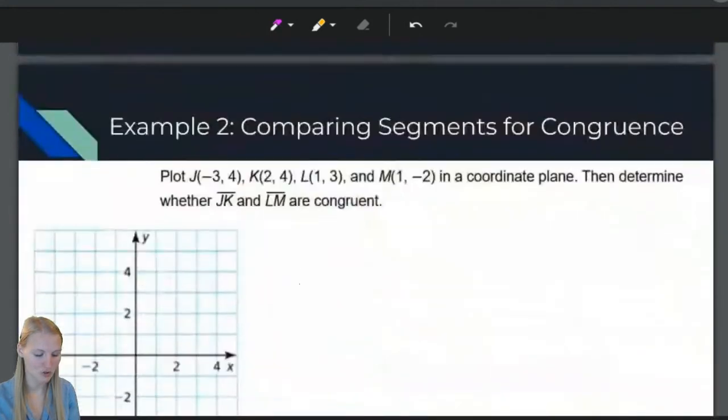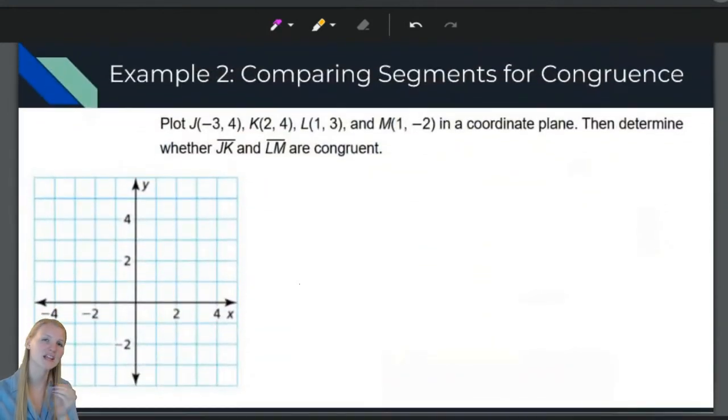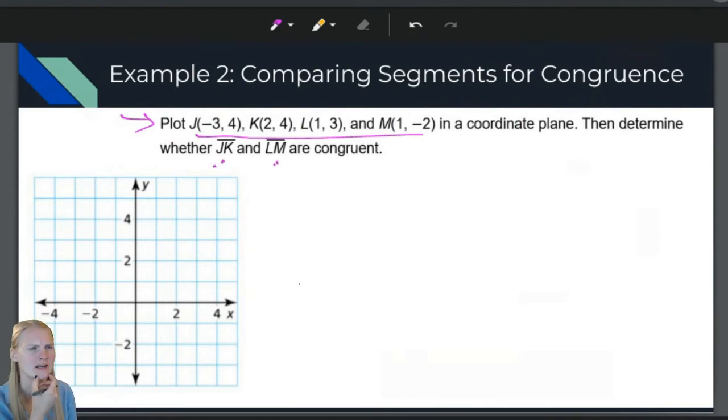All right, let's use that in example 2, comparing segments for congruence. So the question asks us to plot these points, then determine whether JK and LM are congruent. Okay, I know how to plot points. I'll do that first. After I plot the points, I need to tell whether JK and LM are congruent.